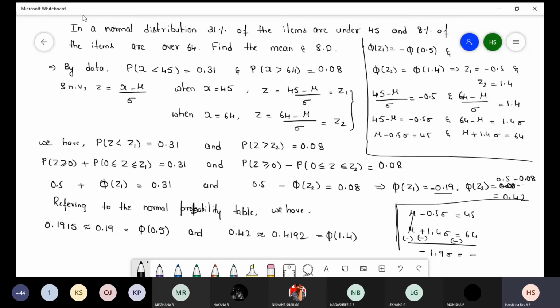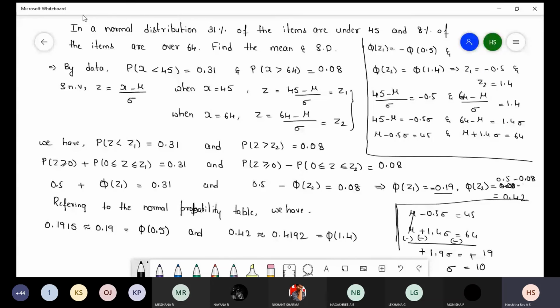How much will we get? Minus 64 plus 45. What is the value? Minus 19. Yes, minus 19. So the minus will get cancelled. Sigma is equal to 10 because 19 divided by 1.9 is 10.